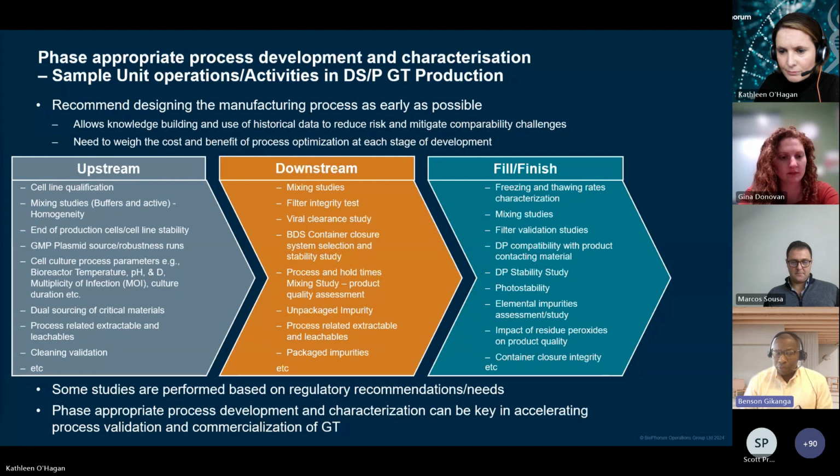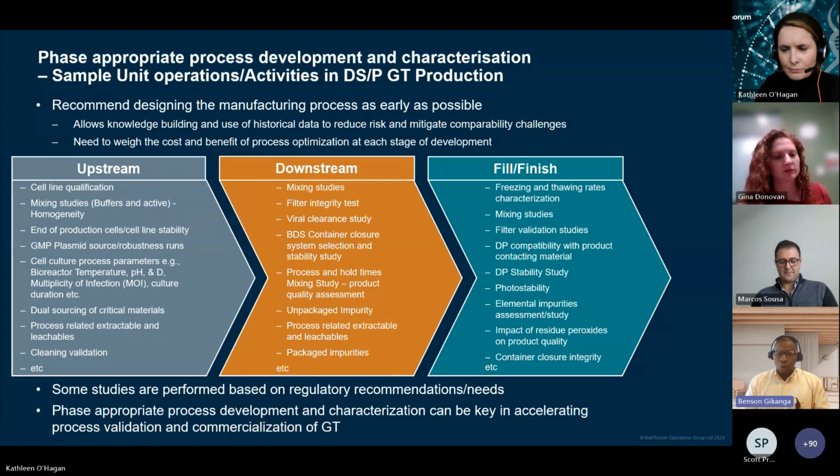So the next step that we took is, as a team, we came together from different companies and started thinking about what are some of the activities that various companies do to assess or to make sure that we are ready during the process development as well as commercialization of CGT.